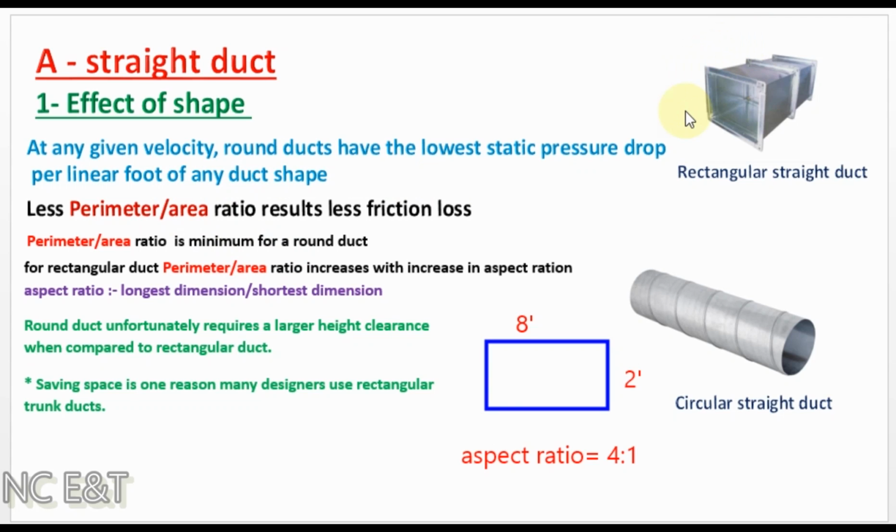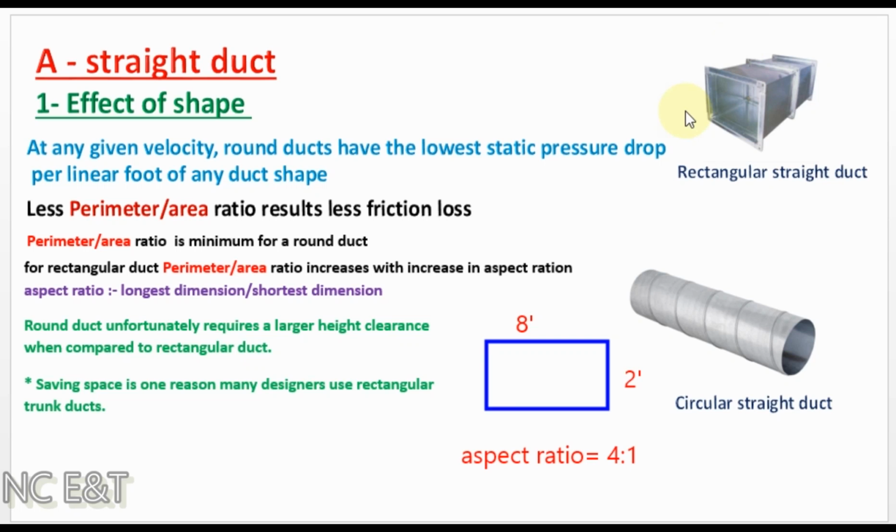Now we have understood from this study that we have the minimum pressure loss inside the round duct, but whenever we go at any project, we found that most of the duct installed is rectangular. Why? It is because round duct unfortunately requires larger height clearance when compared to the rectangular duct.